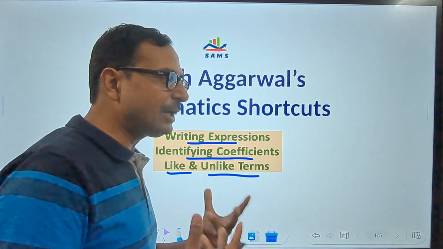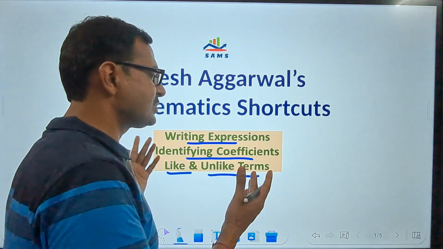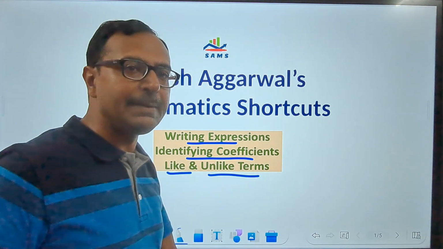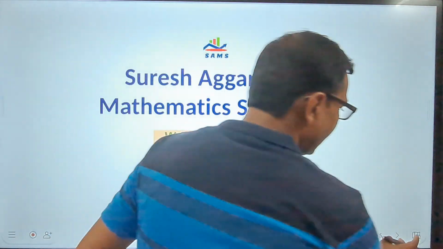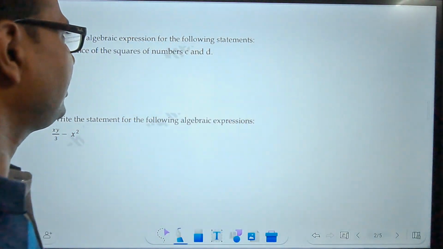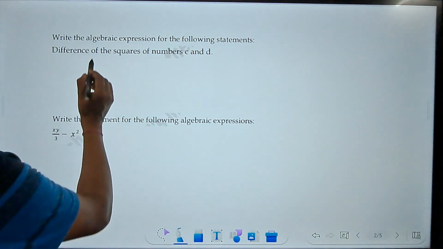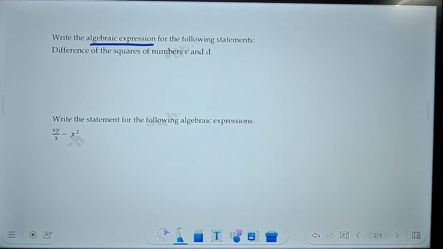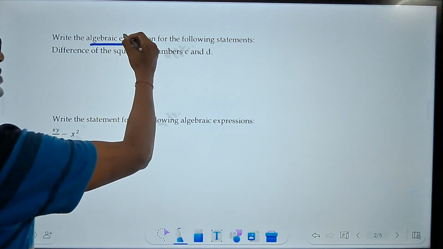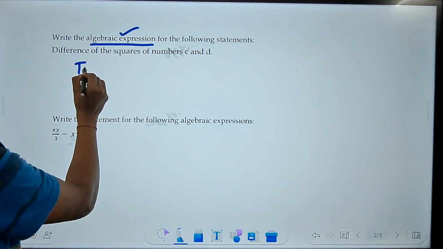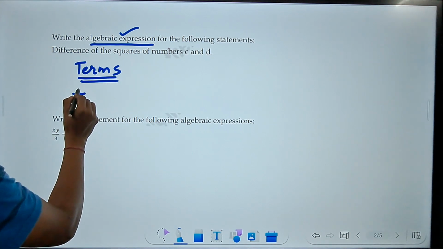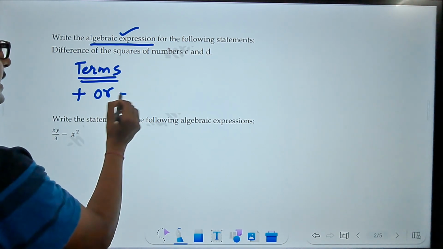So if you are beginning to learn algebra, the video is going to be really beneficial for you to avoid silly mistakes in future. Let's take some of the questions, very basic ones. Whenever we talk about an algebraic expression, it contains terms, and terms are always separated by a plus or a minus sign.